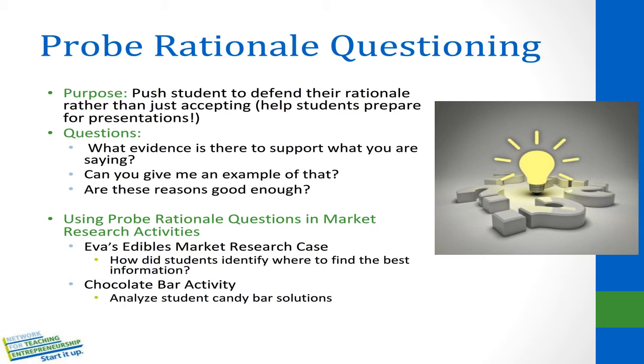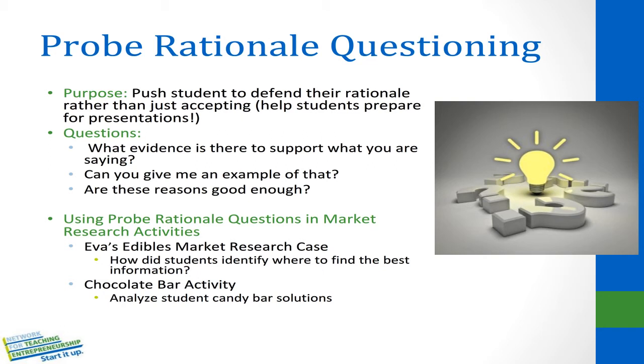You can use probe rationale questions in Ava's Edibles in the third part of the activity. In the first part, students look at her questions. They identify where they can, whether it's primary or secondary research method that they should use. And then the third part is really identifying where they will find this information.